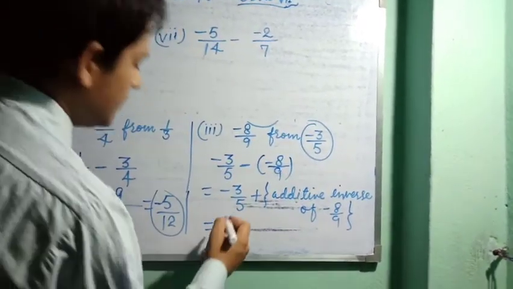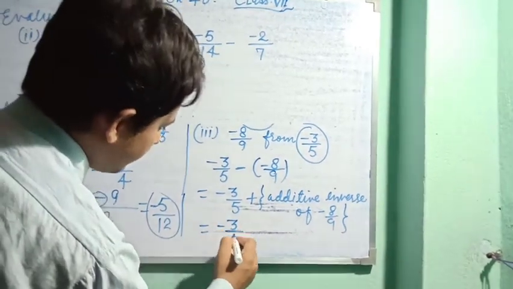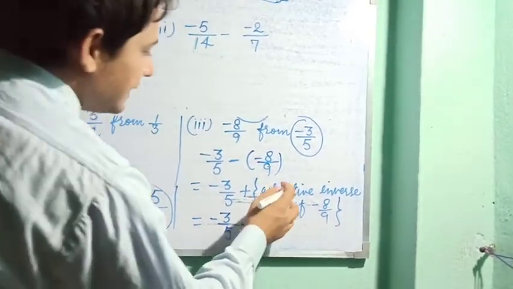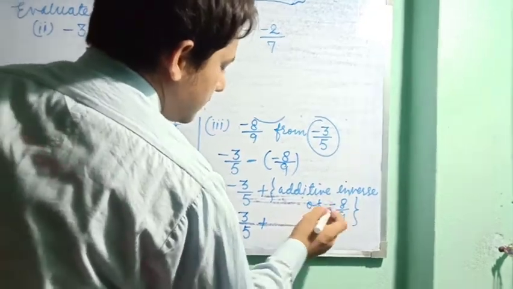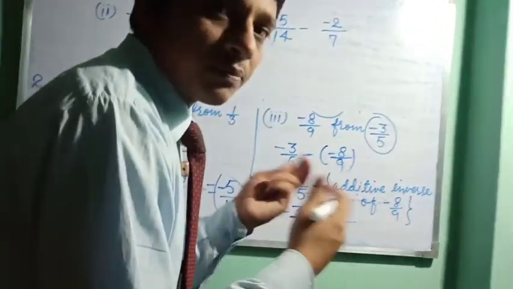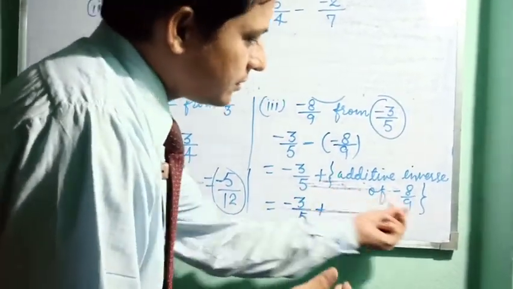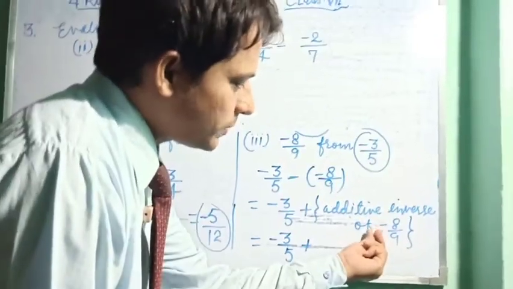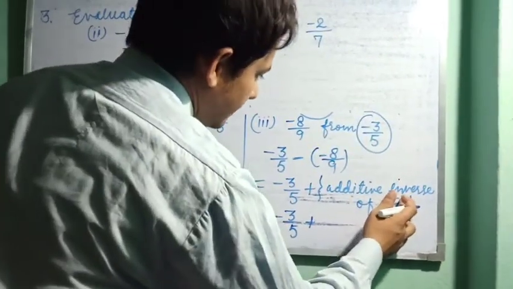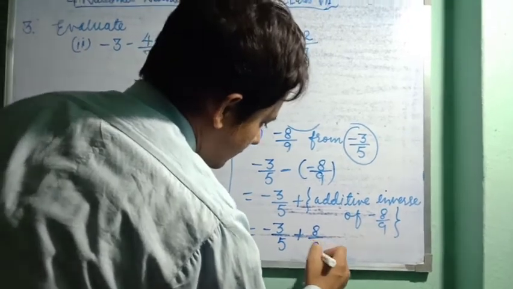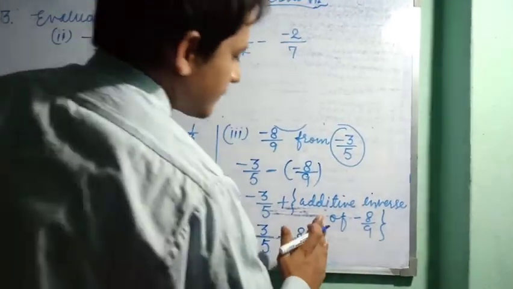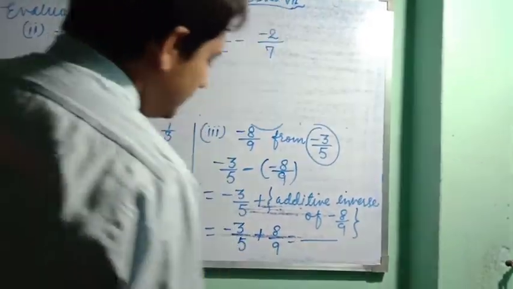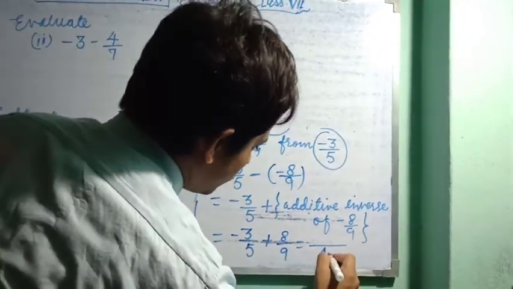Okay, now this can be written as minus 3 by 5 as it is. Here is the plus, and the additive inverse of minus 8 by 9 means we have to multiply the minus sign with this minus 8 by 9. So minus into minus is plus, this will be 8 by 9 only. Now we have to take the LCM. Take the LCM of 9 and 5, which is 45.